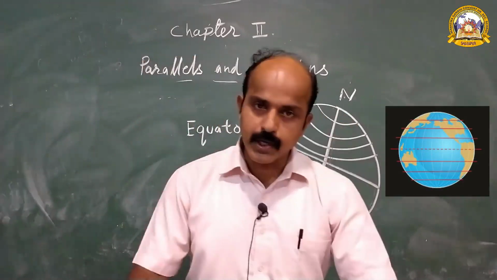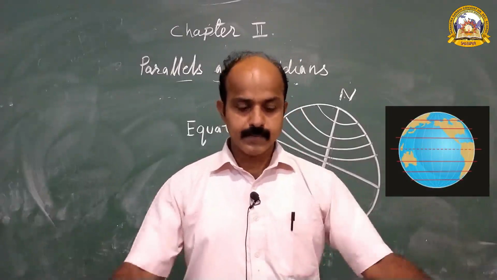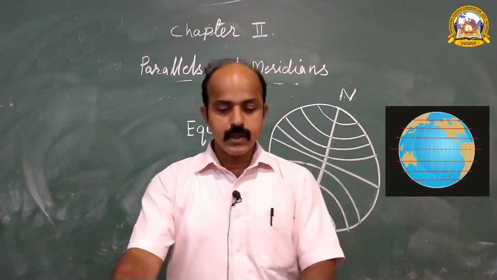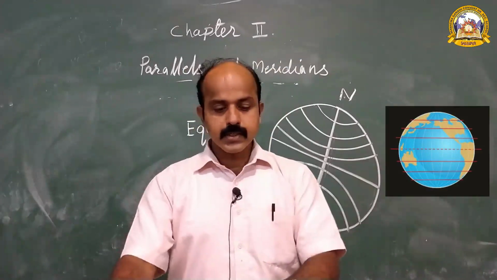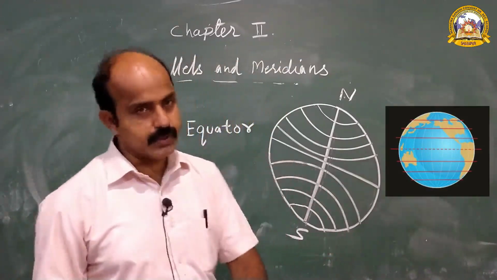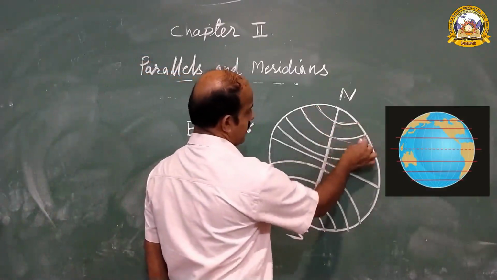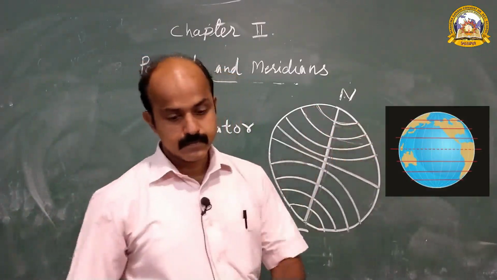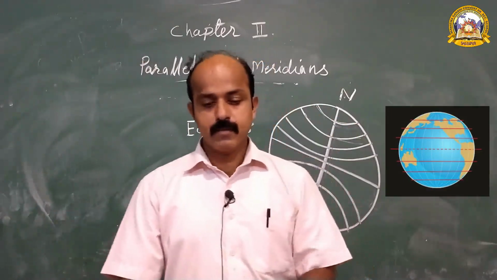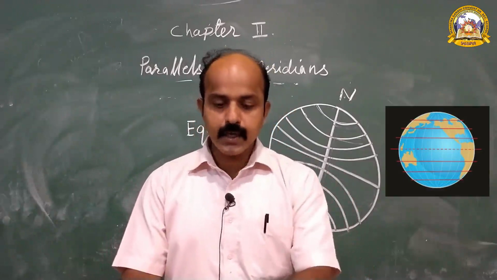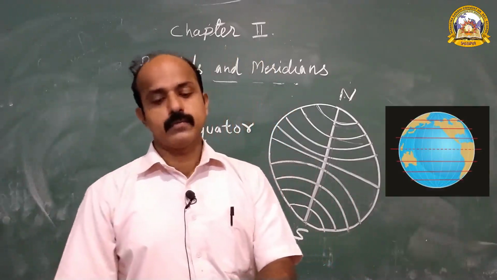Now I would like to explain about the parallels. What are parallels? A set of circles is drawn on the surface of the globe. These circles run from east to west. These are the imaginary lines that we see. The earth is divided into two equal parts by an imaginary line drawn midway between the north pole and the south pole.